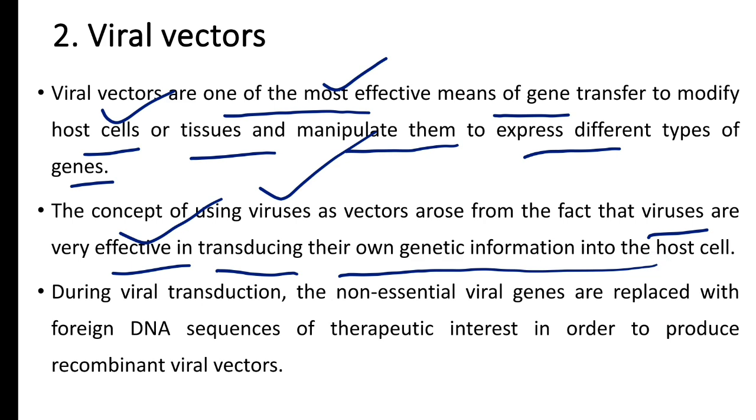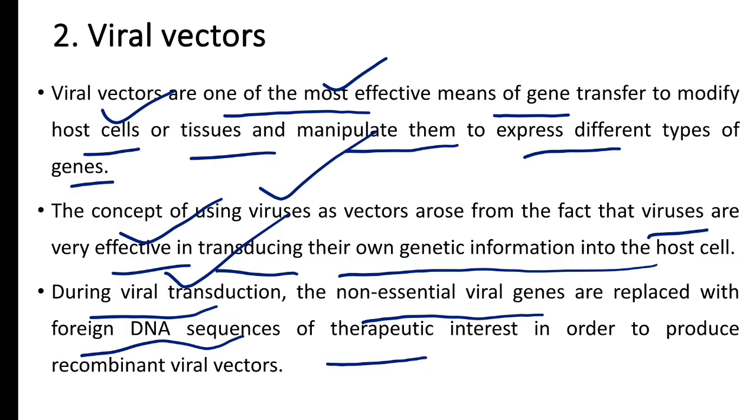The process is called transduction. During viral transduction, the non-essential viral genes can be replaced with foreign DNA sequence, or our desired piece of DNA sequence of therapeutic interest or important gene, in order to produce recombinant viral vectors. When these viral genes enter inside the host cell, they will express and produce our desired product.